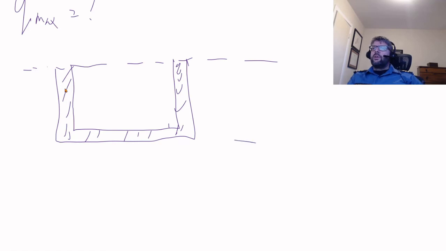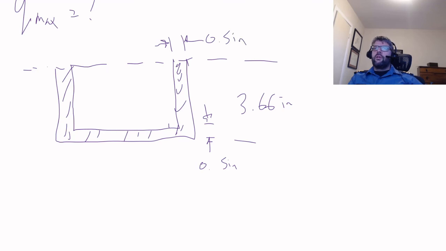So we know that this is 3.66 inches, and this here is 0.5 inches, not 0.25 inches. And this here is also 0.5 inches. And this here is 7 inches, which makes this here 6 inches.